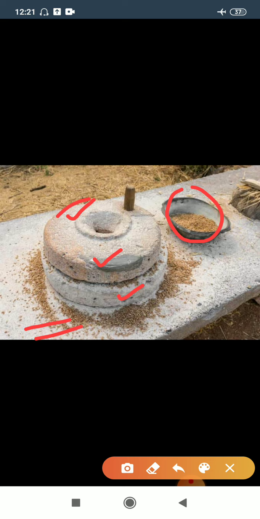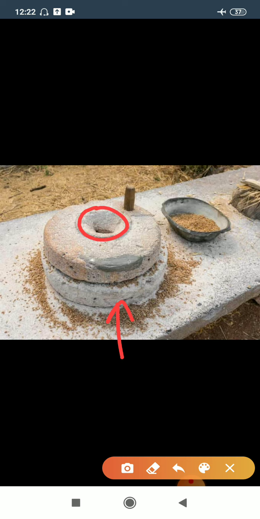On the upper rock, one handle is situated. With the help of this handle, this rock will move in a circular form, and this downward rock will never move. It will stay steady.